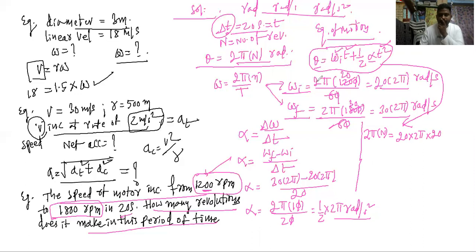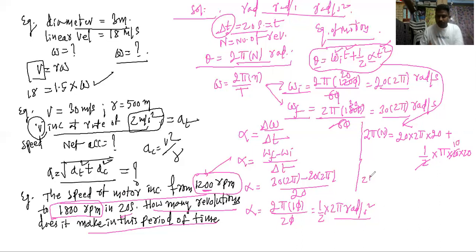T is 20 seconds, plus half into alpha. What is alpha? Just now we found 1 by 2 into 2 pi. It's pi. T square. T square is 20 square. So 20 into 20. Right? So this is 2 tenths.